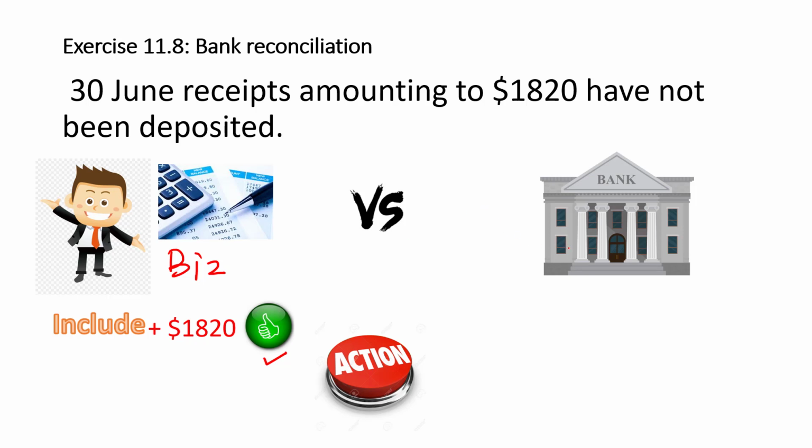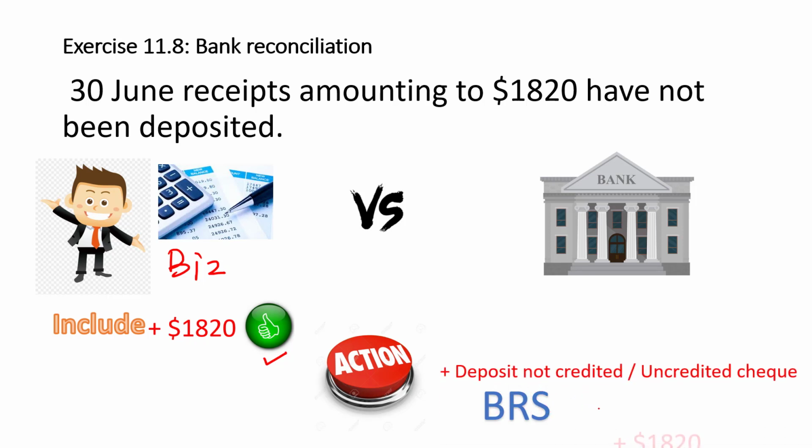So we can say the bank's record is understated. In our bank reconciliation statement, we need to add 1,820. Why? Because in the business record, we already added $1,820. However, in the bank record, they did not have that record. So this is the reason why our bank record is understated.